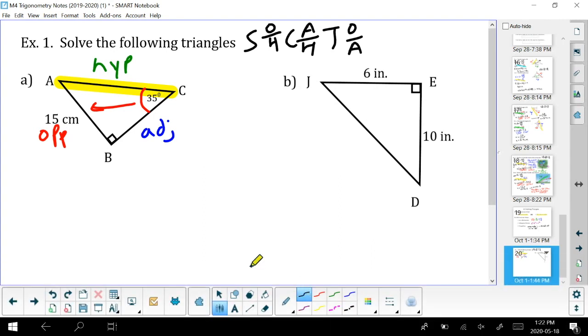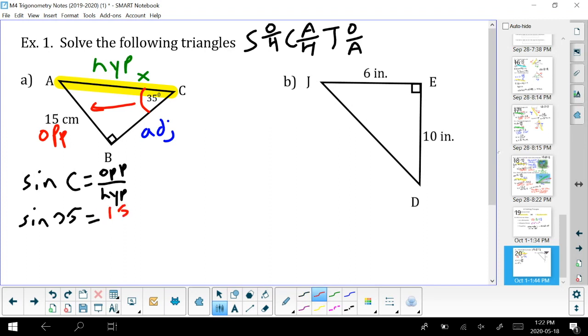We can, if we'd like, call it the adjacent side. But since we know our opposite side and we're trying to find our hypotenuse, and let's call that x, we can use something that works with the opposite and the hypotenuse. So in this case, we're looking at our sine ratio. So the sine of angle C is equal to the opposite side over the hypotenuse. So sine of 35 is equal to 15 over x.